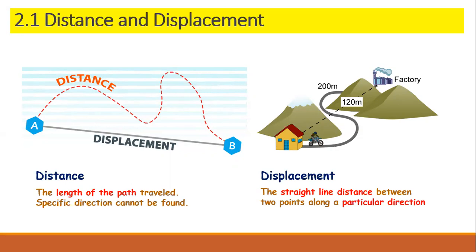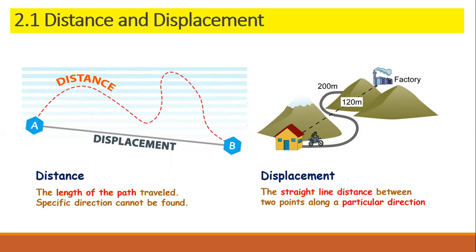And displacement is somewhat different from distance. In displacement, we have to think about the direction. Now we are not wandering here and there by turning into different directions, like to the east, to the north, and again to the northeast. We are not turning to many directions.